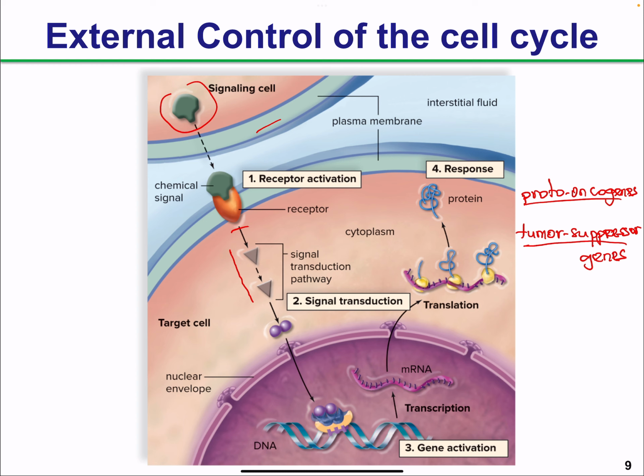By the same token, if the tumor suppressor genes are inactivated so that they can never say stop to the cell cycle even when a cell is damaged, this is going to lead to uncontrolled cell division, which is cancer. So all the cancers we know of are associated either with a tumor suppressor gene that is inactivated, or a proto-oncogene that is too much activated, and at that point we don't call it a proto-oncogene anymore, we call it an oncogene. Let me close that parenthesis.